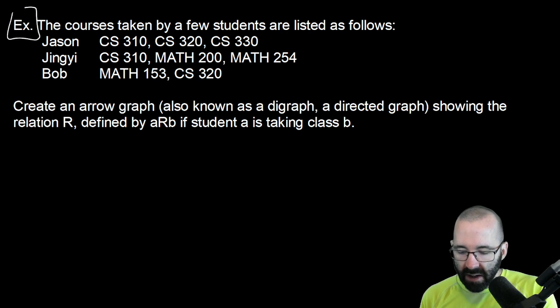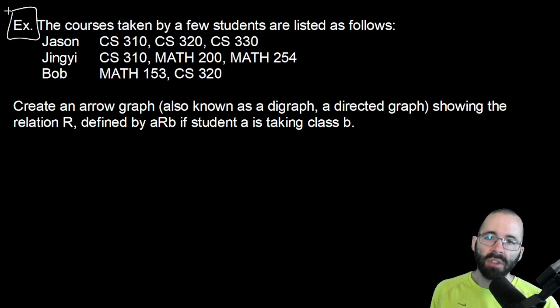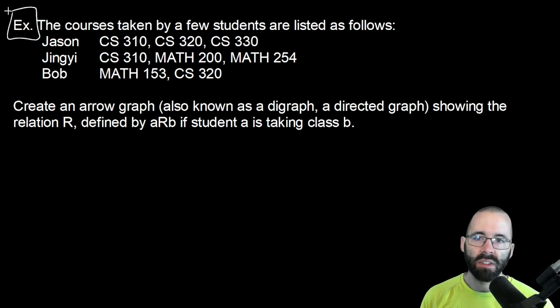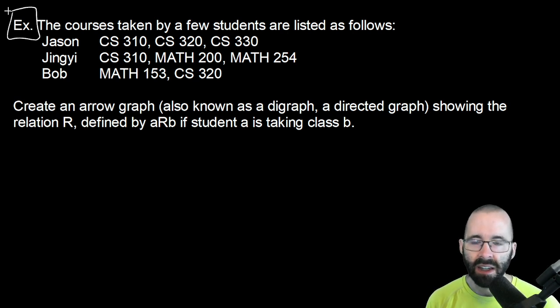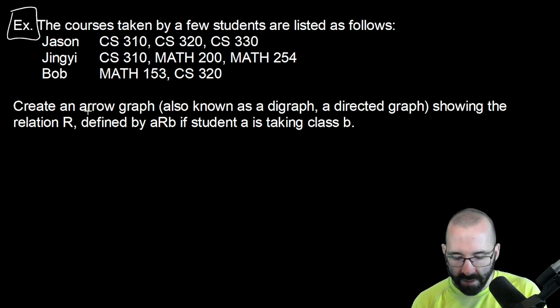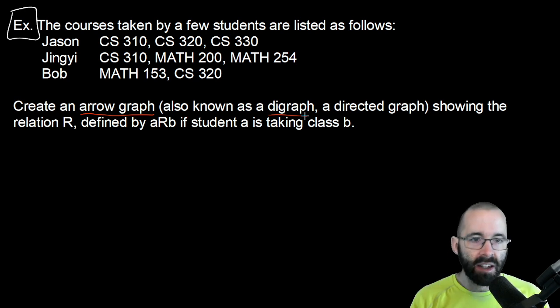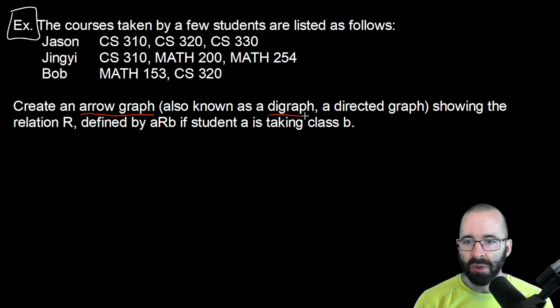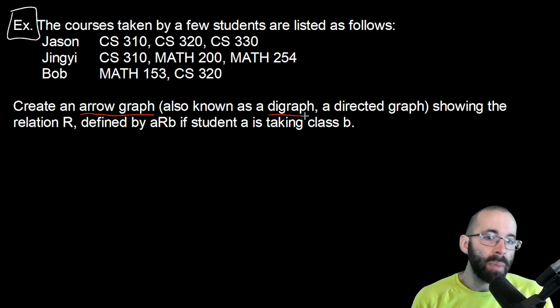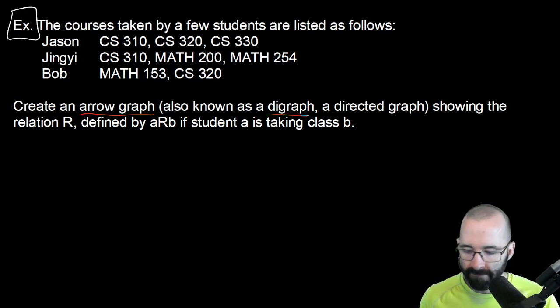Okay, so let's do an example, and then we'll be done. There's lots of writing here, so I listed some courses taken by some fake students, listed as follows. Jason's taken those 3, Jingyi's taken those 3, and Bob's taken 2 classes. Create an arrow graph, which is also known as a digraph, which stands for directed graph, showing the relation R. Here we're going to define relation R, aRb, if student a is taking class b.